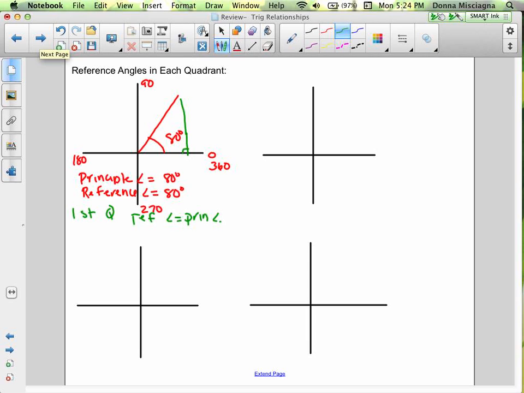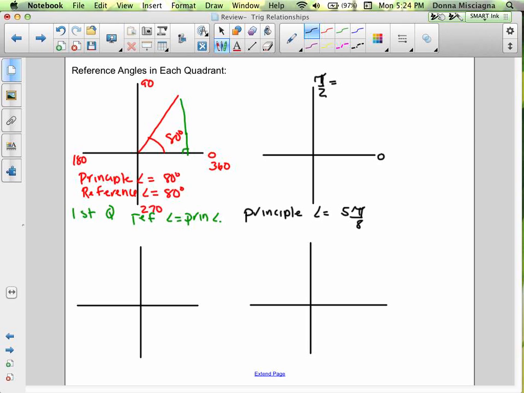Now let's do one in radians. Let's do 5 pi over 8. This is 0, this is pi halves. Our principal angle here equals 5 pi over 8.